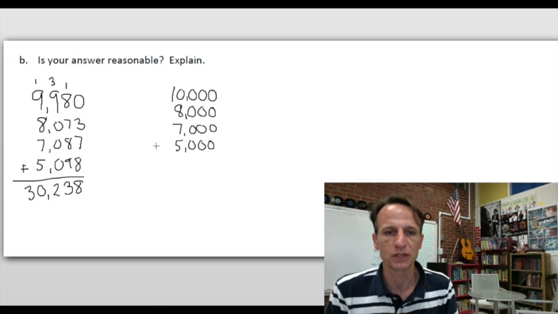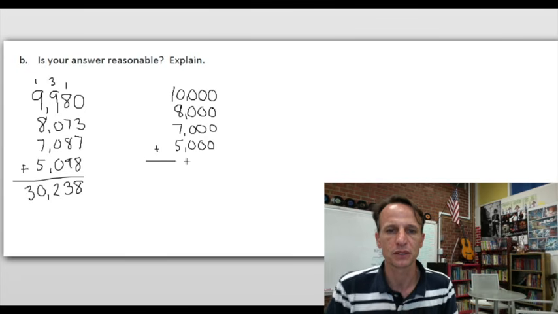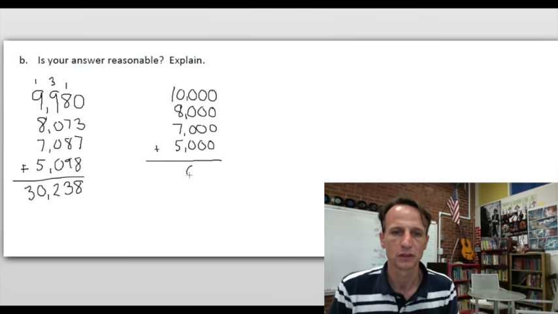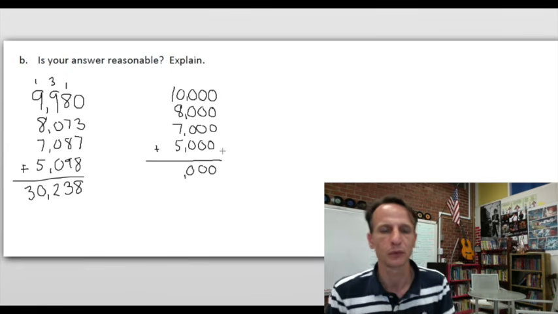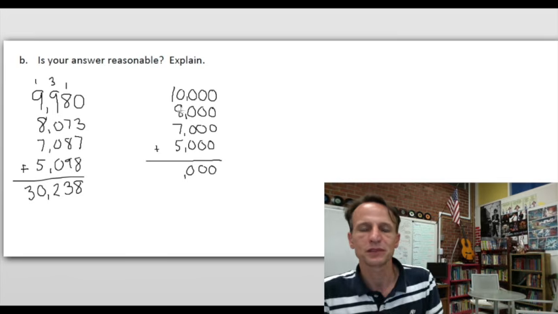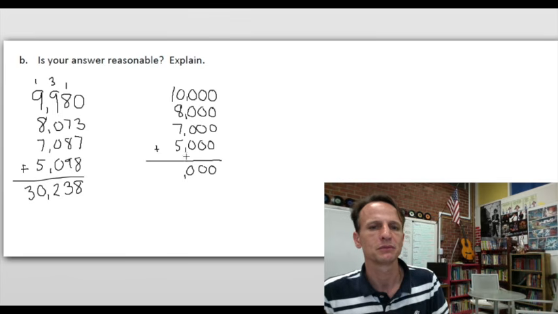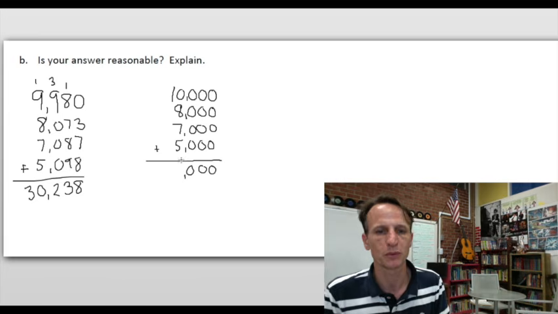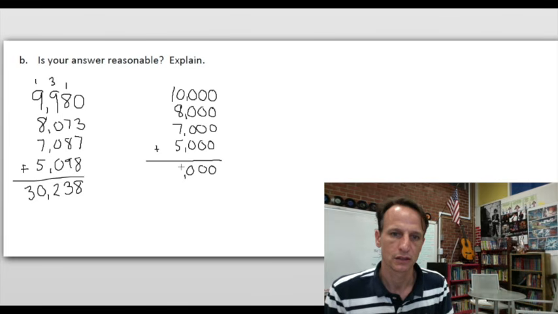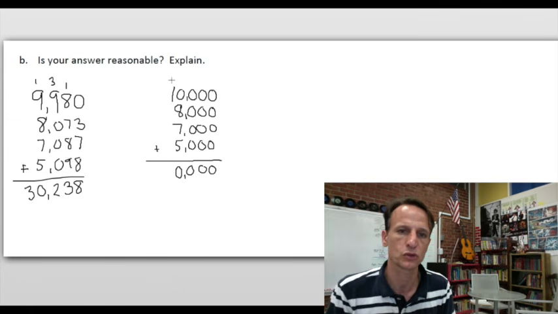And when we put these all together, we know we'll get 0, 0, 0. And that big cluster of zeros. I'll drop the comma now. 8 and 7, we've done this a couple times tonight. 15, 5 more make, yes, 20. Place the 0, regroup the 2.